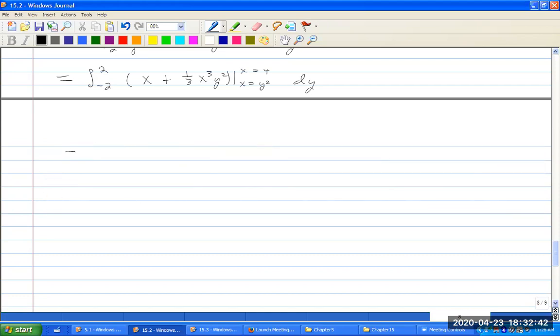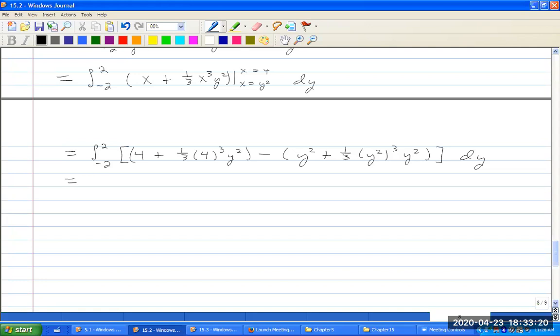So this is equal to the integral from -2 to 2 of, plugging in 4, that'd be 4 plus 1/3 times 4 cubed y squared, minus, plugging in y squared, plus 1/3 y squared cubed y squared, dy.